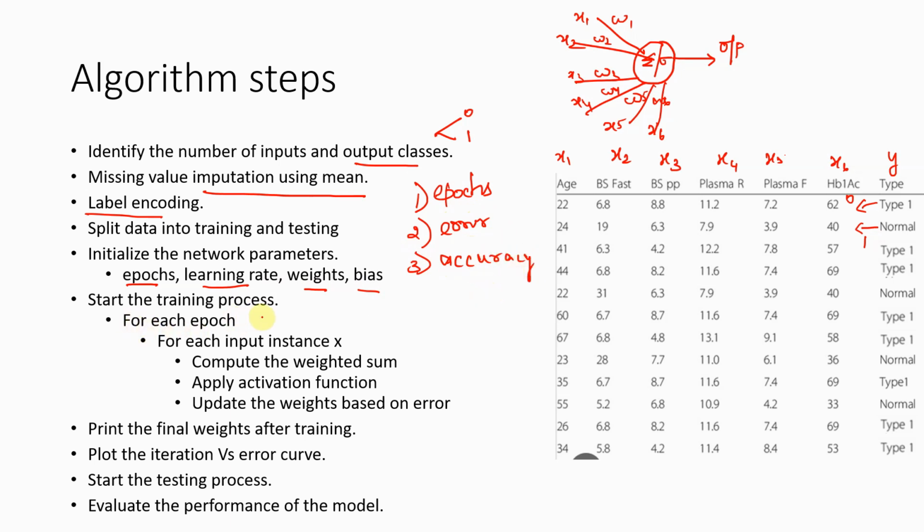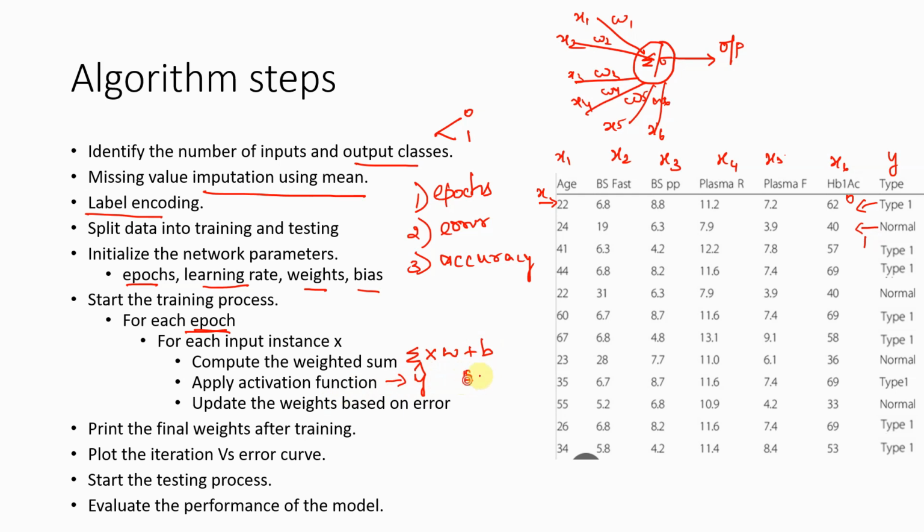First we start the training process, and here we set the number of iterations. For every iteration, each input instance, meaning one input, will be taken, and we compute the weighted sum for that particular input, which is the summation of x times w plus bias. This value is given to the activation function, and based on it we get the y predicted value.